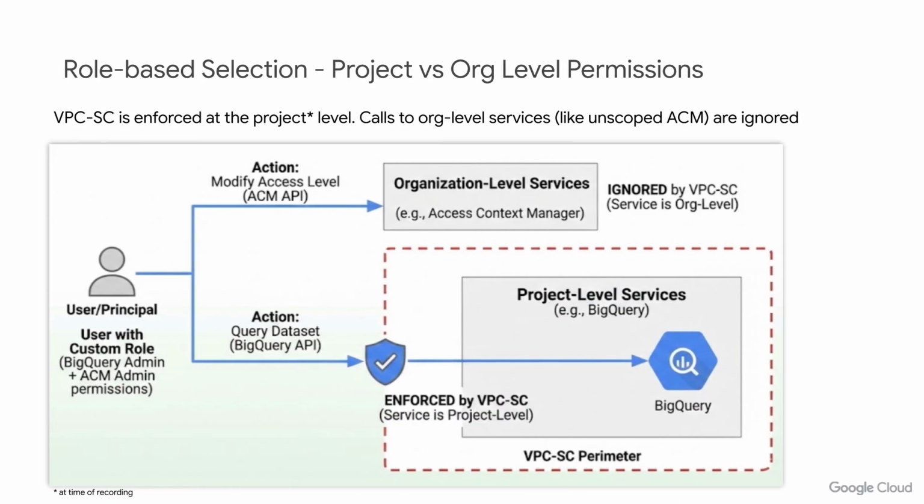On that same note, because VPCSC is enforced at the project level at this point in time, only project level permissions are evaluated in the role. If the role also references an org level service, those references are simply ignored by VPCSC because VPCSC doesn't currently enforce at the org level.